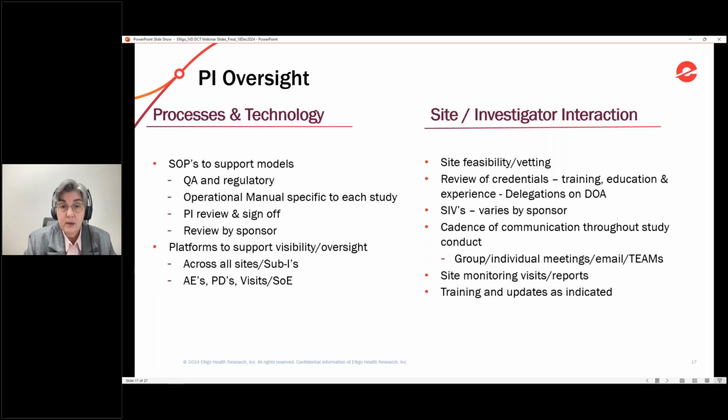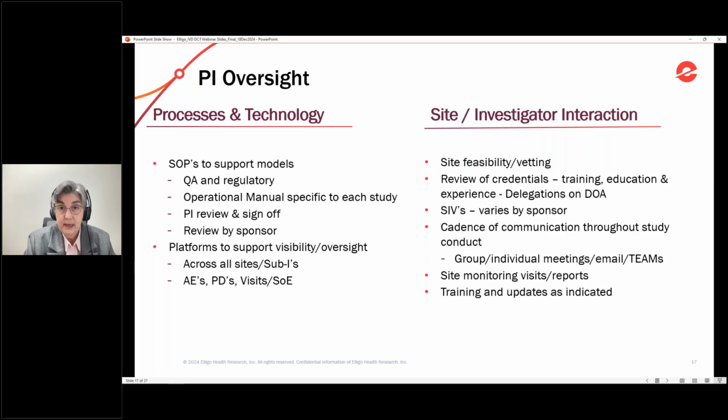Even when it's a study where you may have hundreds of people who are doing consenting, because you're doing, for instance, a study with 14,000, that still means that the central PI has to review the credentials of every single person that's on that DOA to ensure they have the training, education, and experience to do what they've been delegated to do.